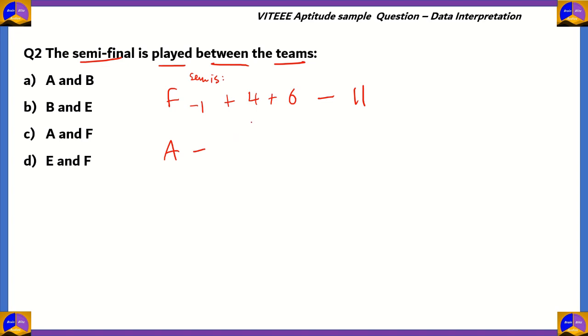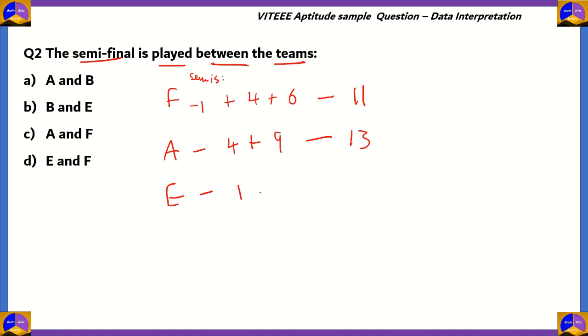lost just 1 match, and that has to be in the semis or the finals. And since you can't have the semis or finals in a draw, so therefore it's the loss that gets discounted out here. So you have 4 points from the draws and 9 from the wins. So A gets 13 points, and Team E also, they lost 2 matches, so you can discount 1 loss, which was in the semis or finals.